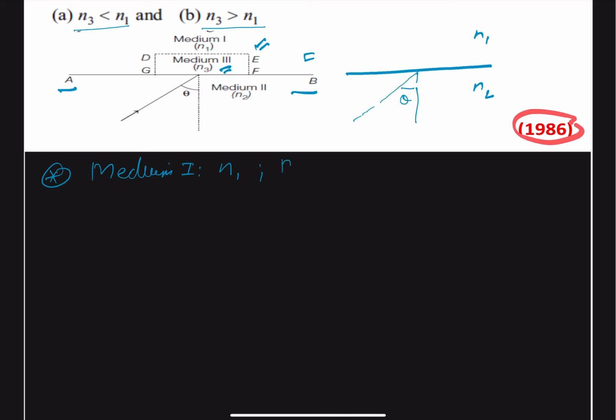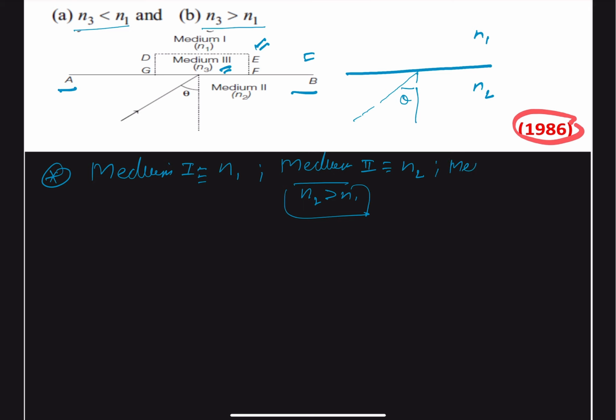We have medium 2 with a refractive index of n2, and please keep in mind this n2 is greater than n1.